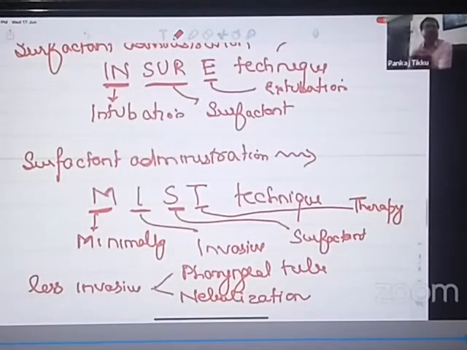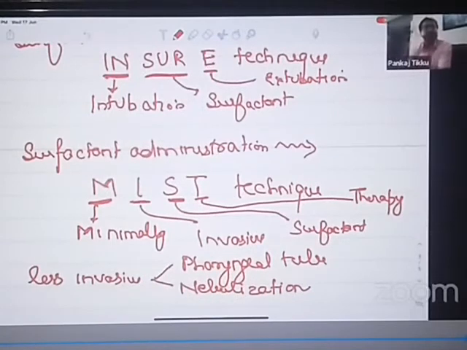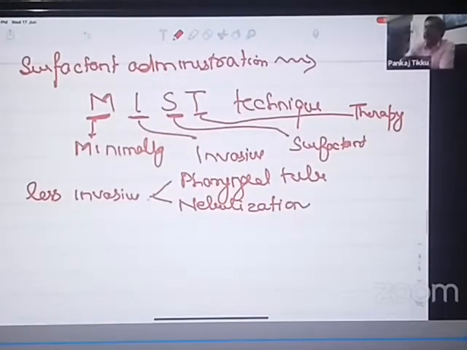A surfactant administration technique such as MIST does not require invasive ventilation. So it is a minimally invasive surfactant therapy where we give surfactant, but not by intubating, but probably by giving pharyngeal tubes, by giving nebulization, or even by applying laryngeal masks.